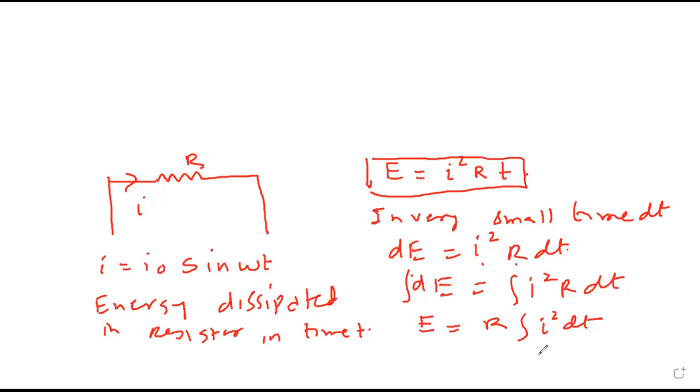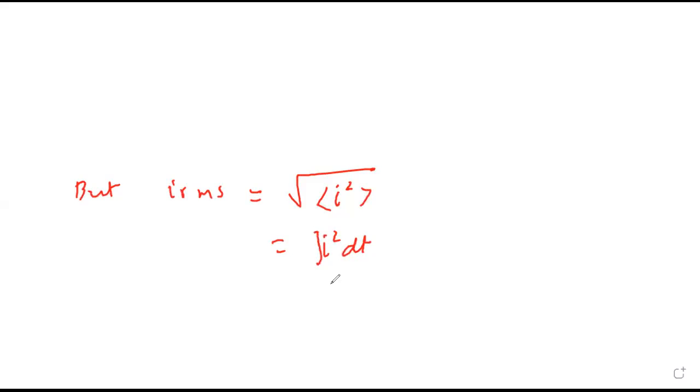Then, yes, sir. But we know that I RMS is nothing but the square root of the mean of I square. That is nothing but the integration of I square dt upon the integration of dt.